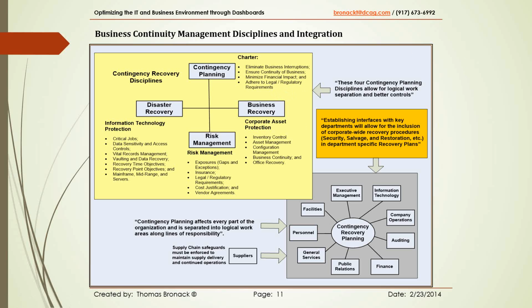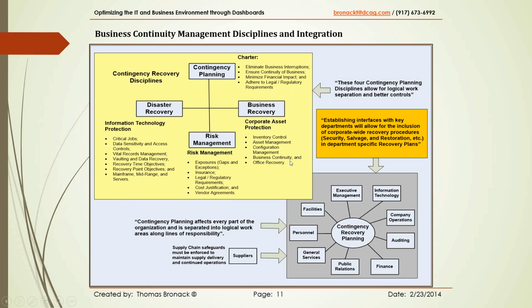So now we're breaking it down into 3 categories. The disaster recovery is for information technology, mostly critical jobs, sensitive data, vital records management, and so on. Business is for locations or business sites or business units, where we take an inventory of the location and we put it into the asset management system, and we have a configuration management system that also says what's there.